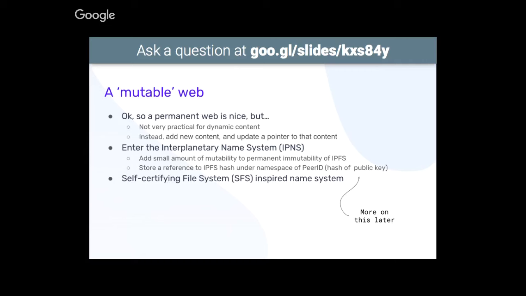So what IPNS lets us do is basically just add immutable content, things that can't change, but then we update a pointer to that content so that as the underlying content changes, the way we link to it stays the same, right? It's basically like adding a little bit of mutability to an immutable web. It's essentially like a self-certifying file system. So it maintains some of the niceties of content verification.